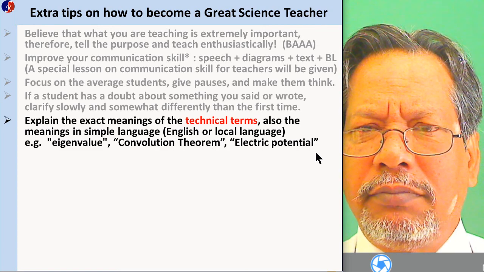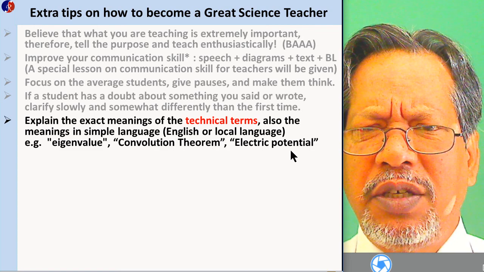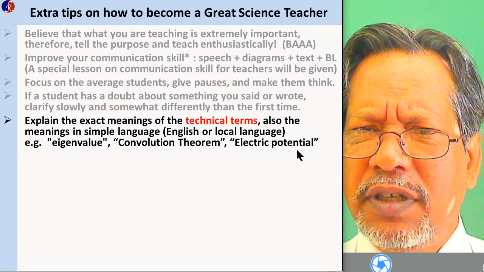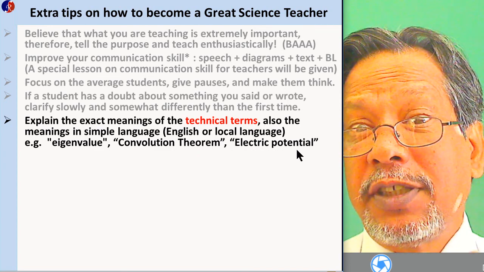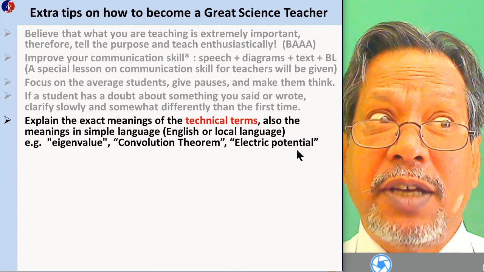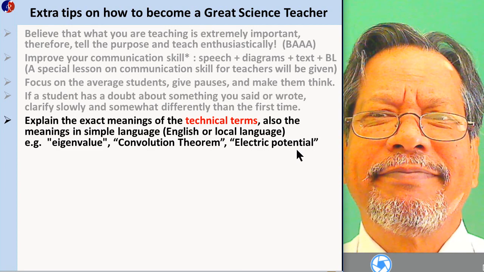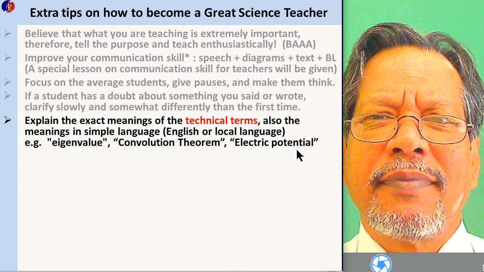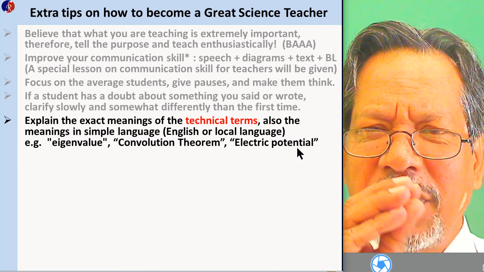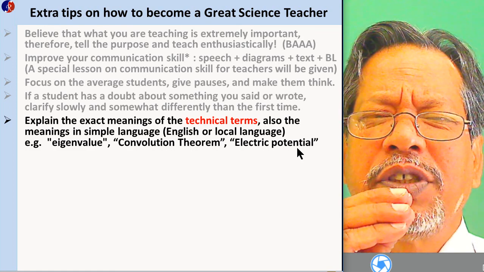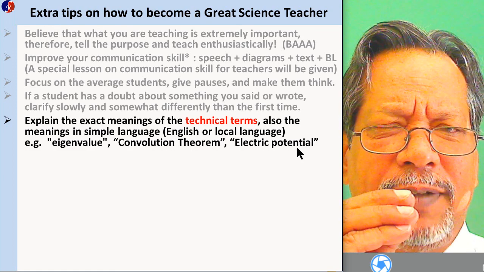Electric potential. What's potential? This can be very difficult to explain. Potential is like the possible amount of energy, the possible amount of work it can do, depending on where it is, depending on the position, how much it's capable of doing.